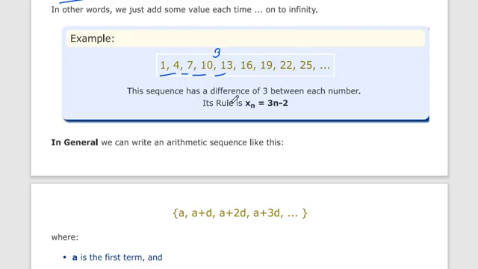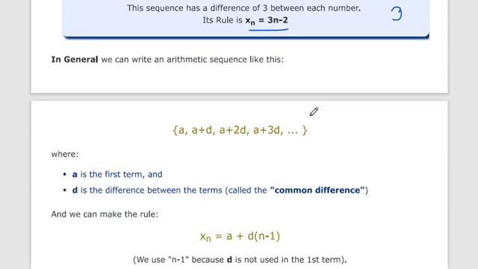To find the rule, the difference is 3, so we say 3n. If we put n equal to 1, we get 3, but our original first term is 1, so we subtract 2, and our rule becomes 3n minus 2.